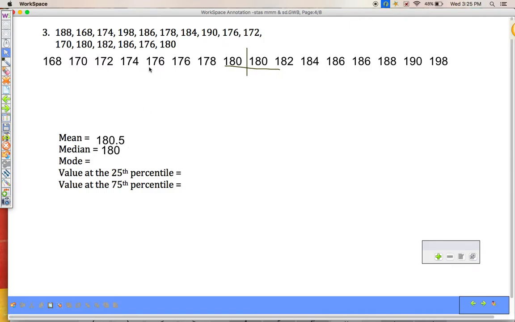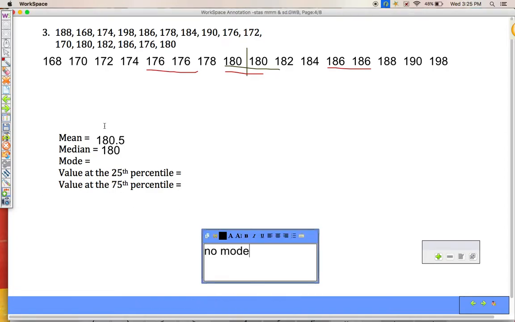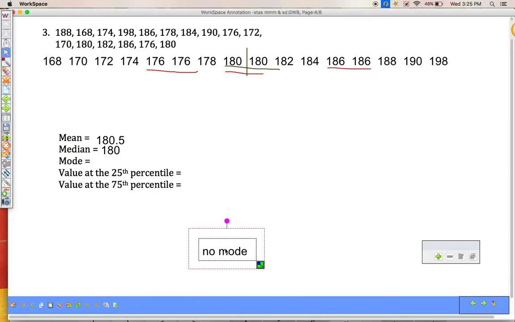My mode, I have two 176s. I have two 180s. I have two 186s. That means I have 3 modes, which means I have no mode. You can't have more than 2 modes. Add them together, divide by 16 is your mean. Your median's the middle. The mode is what occurs most often, but you can't have more than 2.